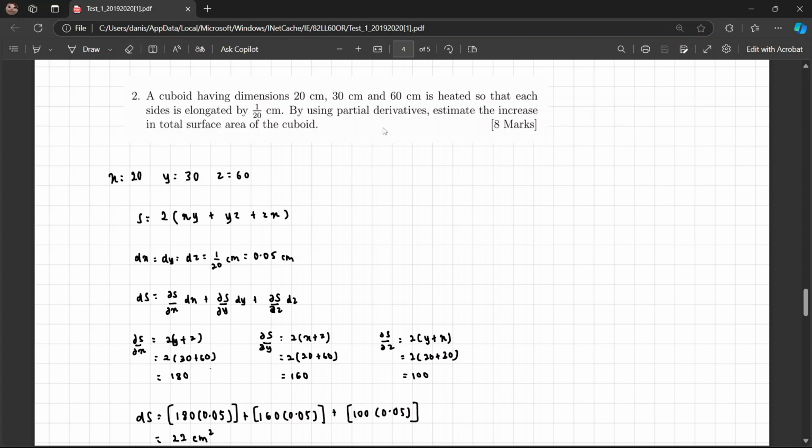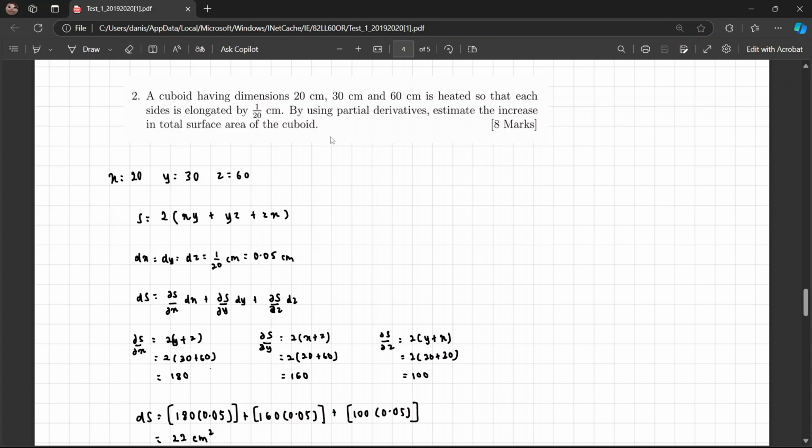The surface area is 2 times the sum of each side surface, which is xy plus yz plus zx. The question says that each side is elongated by 1 over 20, so dx, dy, and dz equal 1 over 20, or 0.05 centimeter.